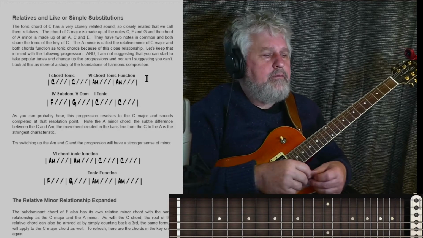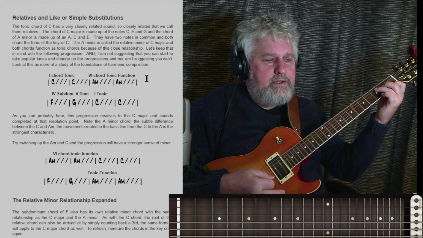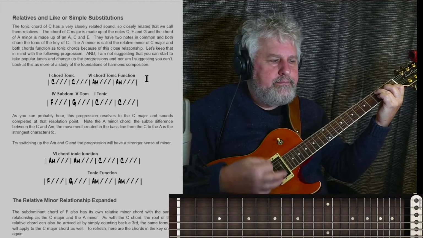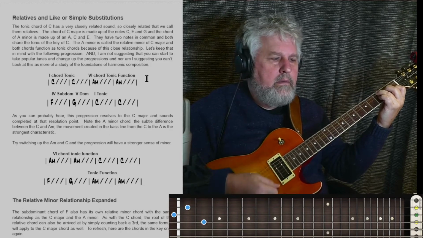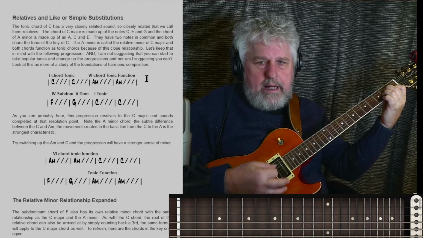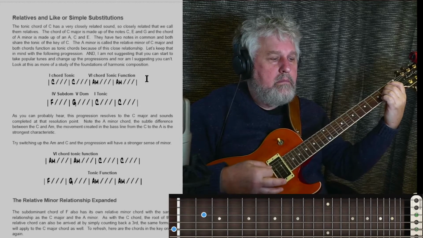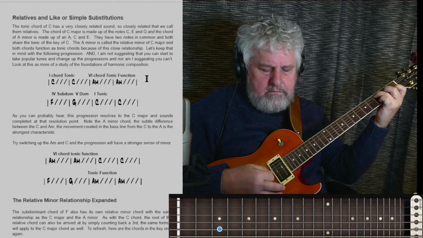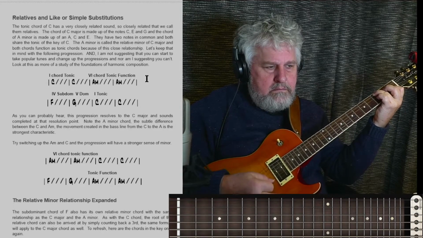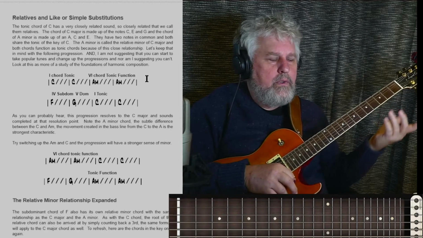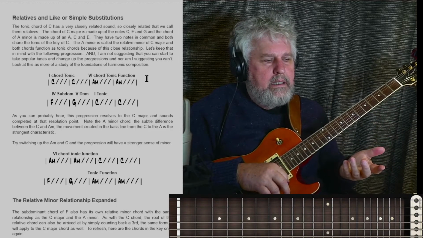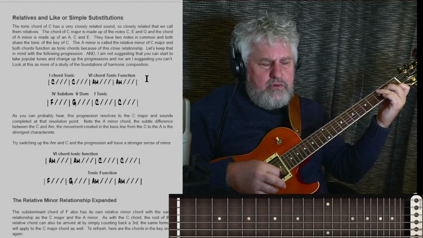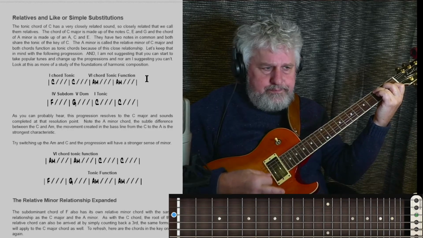So if we have a chord progression like the one written here, C goes down to that relative minor. You can see that you've got a nice movement going to that A minor, and those two chords are very, very closely related.